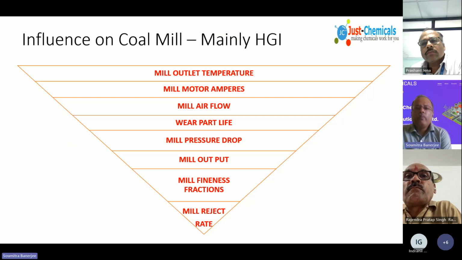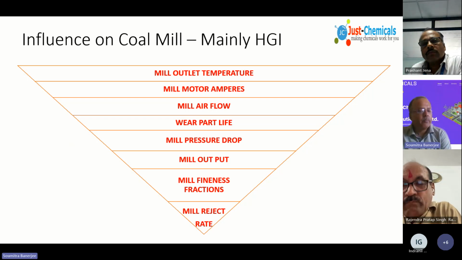Now, influence on coal mill, mainly HGI. HGI is hard groove index. Higher the hard groove index, softer is the coal. Okay, it's just opposite. Lower the hard groove index, harder is the coal. So it affects mill outlet temperature, mill motor amperes, mill airflow, wear part life. The parts will wear faster.